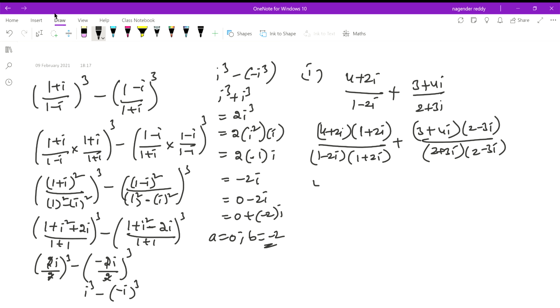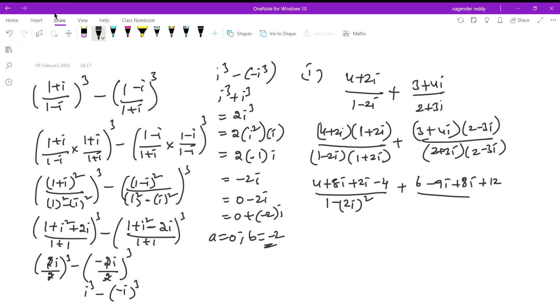4 ones are 4, plus 4 twos are 8i, plus 2i, 2 twos are 4i square, which gives you minus. By a plus b into a minus b, a square minus b square, 1 minus 2i whole square. Now plus 3 twos are 6, minus 9i, plus 8i, minus 4 threes are 12 i square, which gives you minus 1.